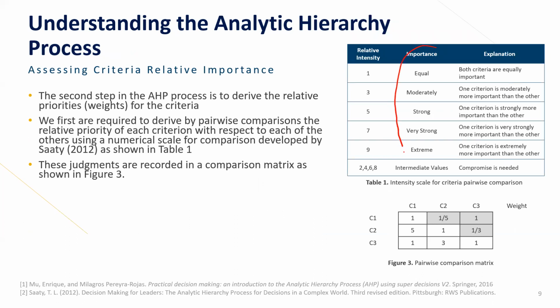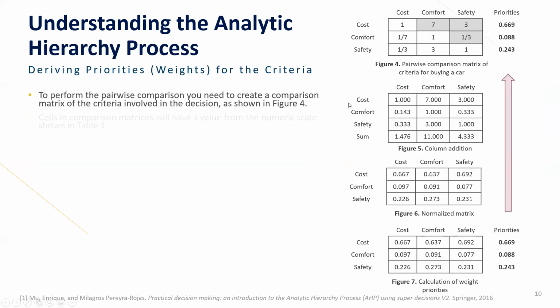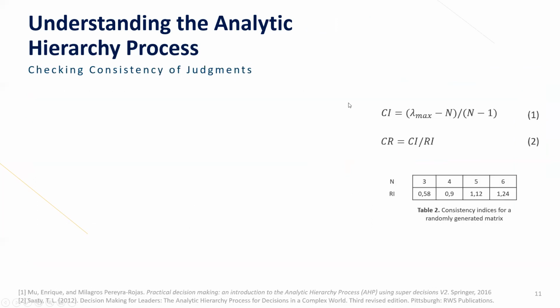Equal, moderate, strong, very strong. It's a relative term. Sometimes we can say this one is moderately more important than another, but sometimes we can say strong. One person has a different judgment from another. So we need to make sure that within the same person, they give consistent judgments when they compare one criterion or one alternative to another.